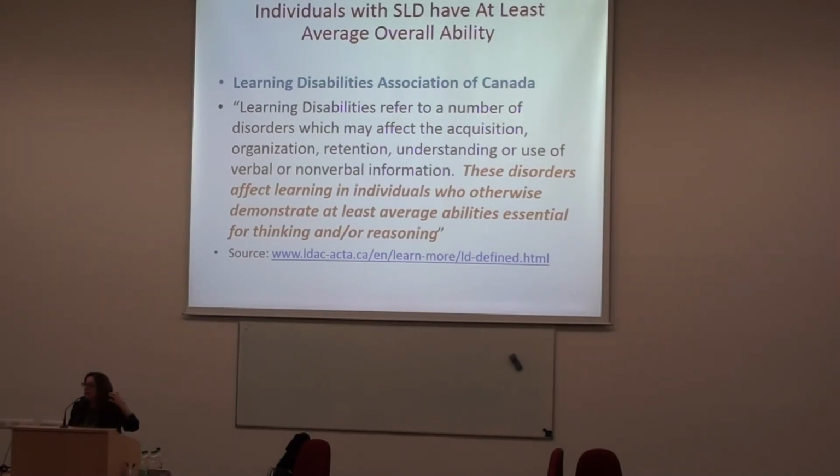So you have your specific cognitive processing areas, but you also have the intact ability to think and reason. That's the more traditional, historical definition of specific learning disabilities. We keep changing the methods because we're trying to help as many children as possible.